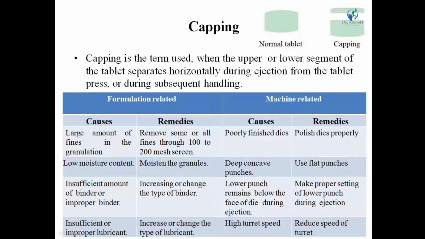So the solution is to make the proper setting of the lower punch during tablet ejection from the tablet compression machine. Last cause is high turret speed. So the solution is to reduce the speed of the turret and avoid the capping problem.